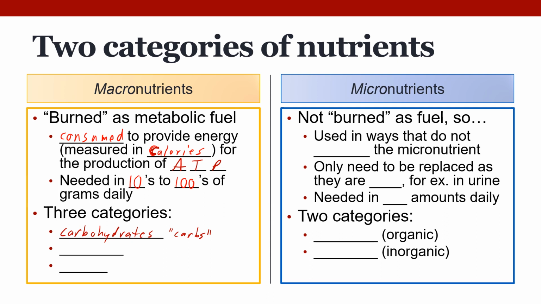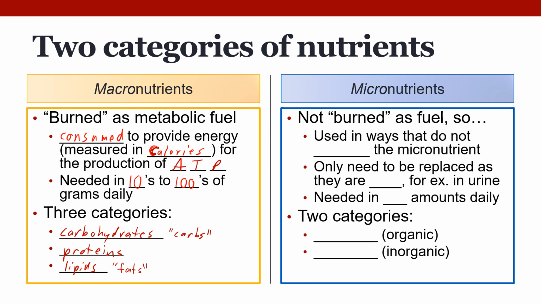The second category, which probably should be the second largest portion of our diet, is protein, or proteins, I guess we should say, for pluralizing things. And the third is the category of lipids, which in general parlance is known as fats, though really some of them are oils, not solid fats.